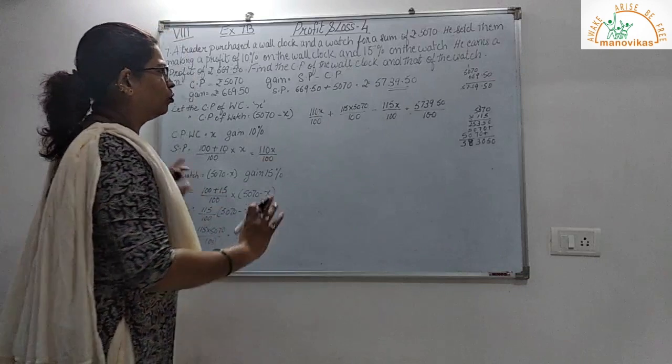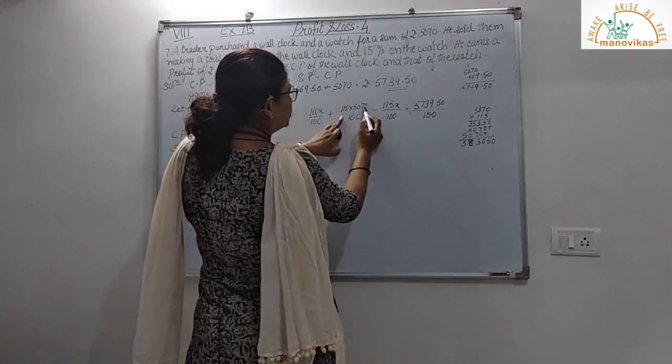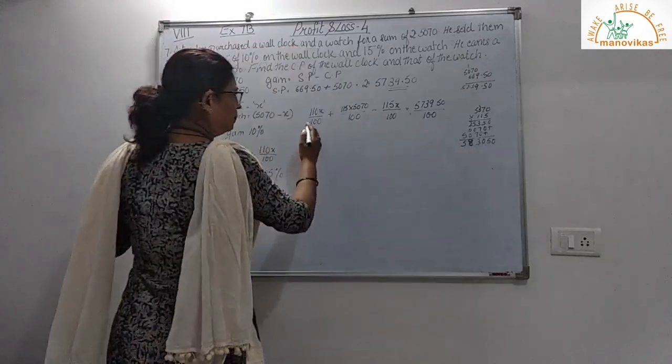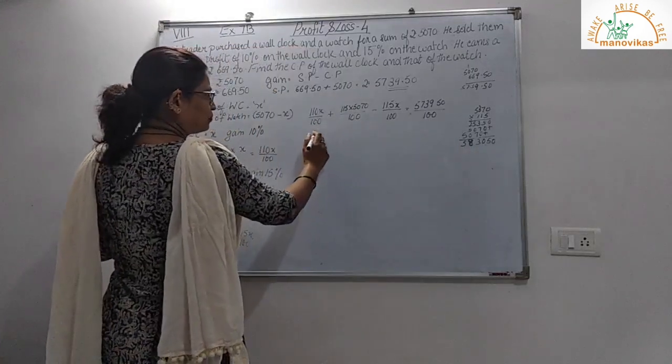Done. Now what do we do? Now 5070 into 115 is 583050.